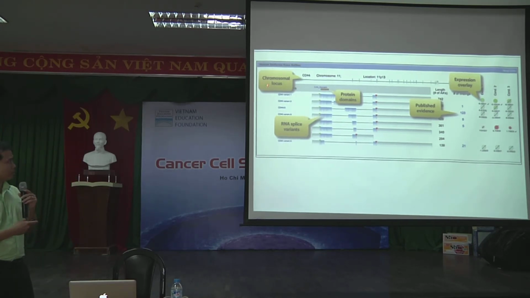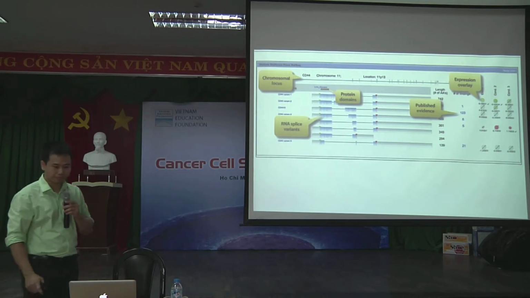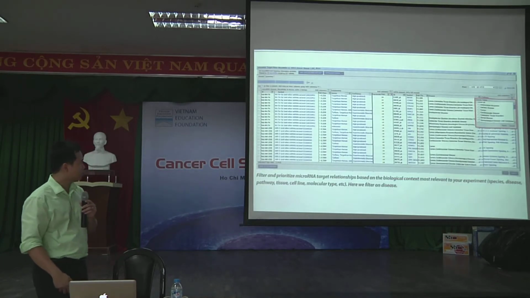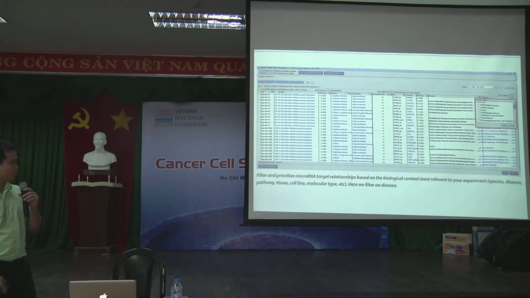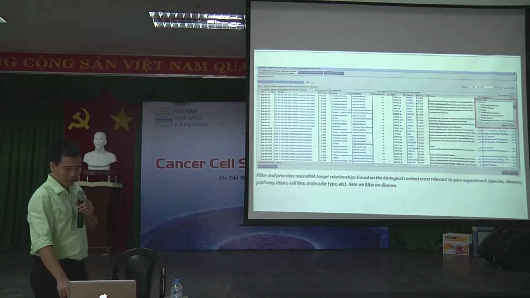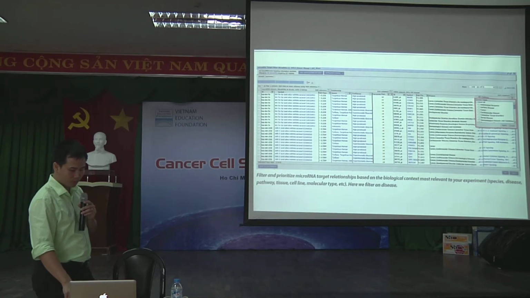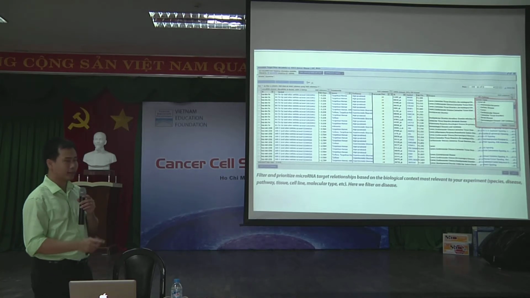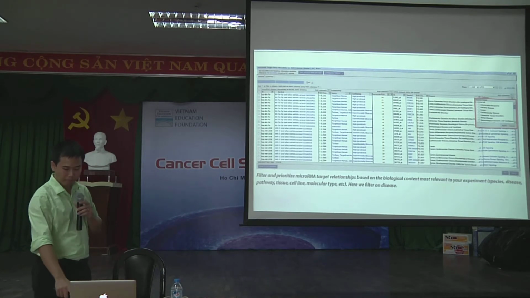For example, here to check the DNA copy number, and also the RNA splice variants, protein domain, and also this color over here to represent the change at the genomic level. We can also use IPA to study microarray and the target of this microarray as well. I know this is a lot of information, but I just want you to have a brief overview of what kind of data you can get from IPA.